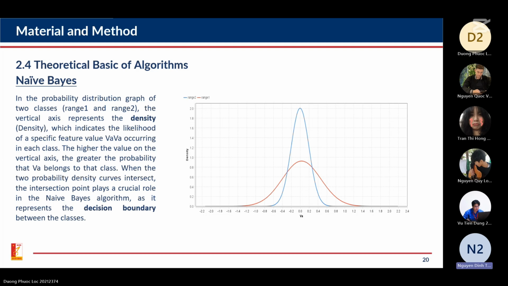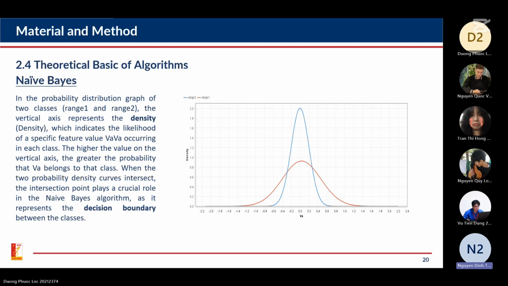The vertical axis represents the density, which indicates the likelihood of specific feature values, here the voltage of VA, occurring in each class.